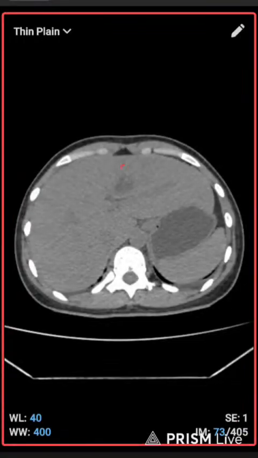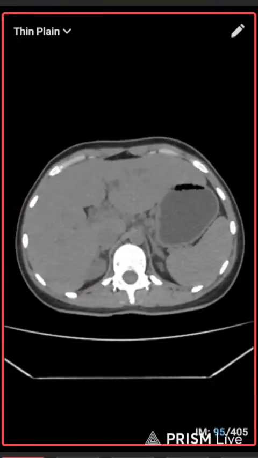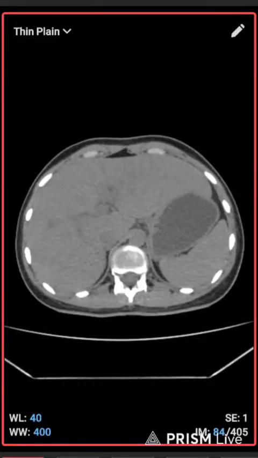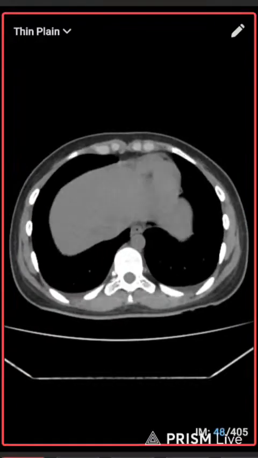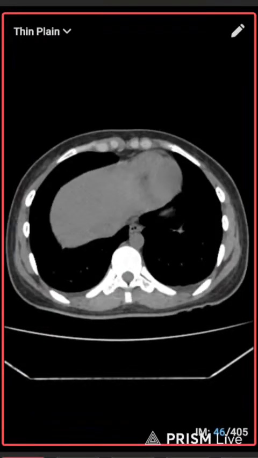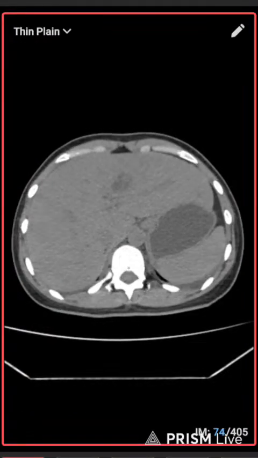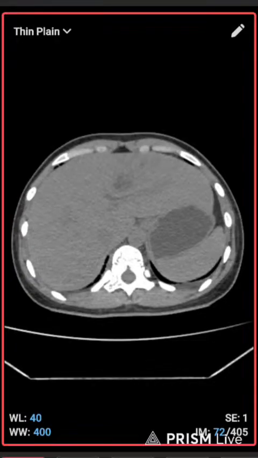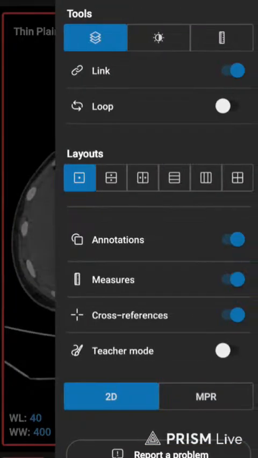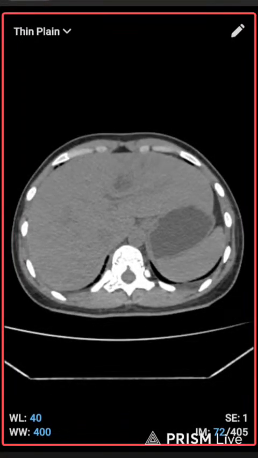When we put in the contrast, if you see that type of thing in the liver, you have to do the triphasic scan, arterial, portal and venous, because in liver there are lots of varieties of hepatic tumor. So for the exact diagnosis, you need to do the scan in triphase.